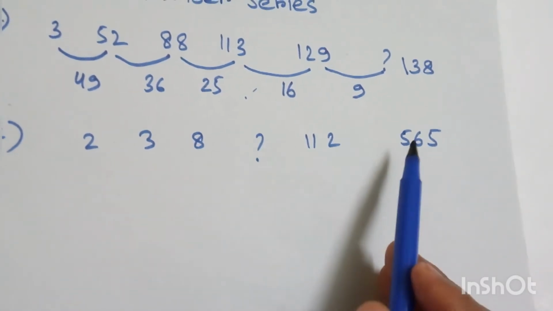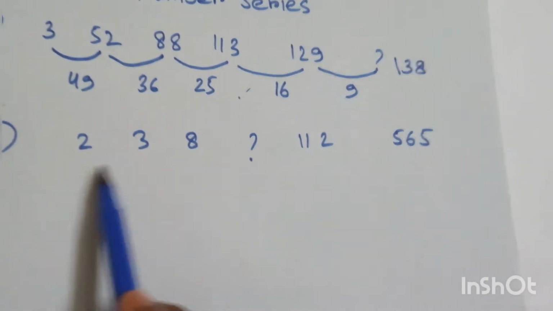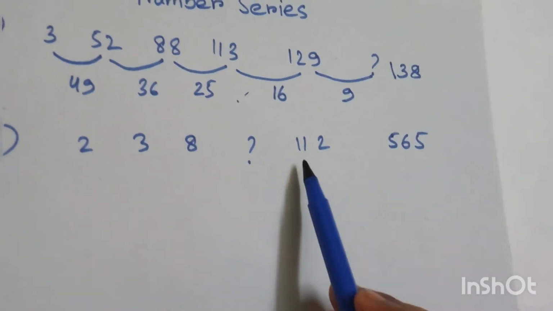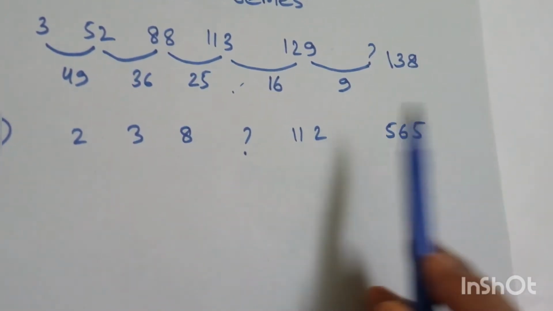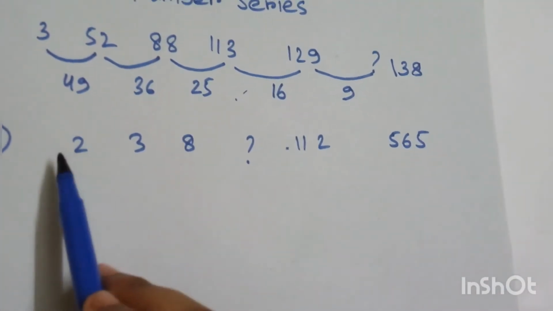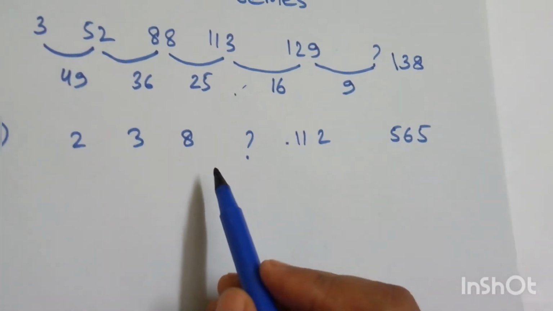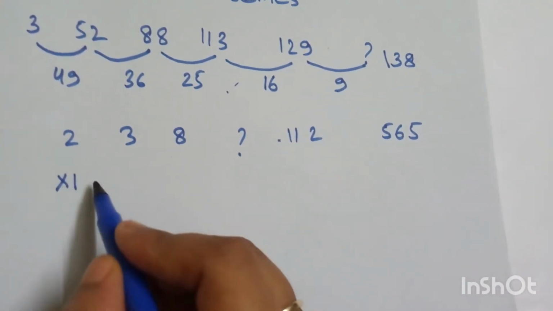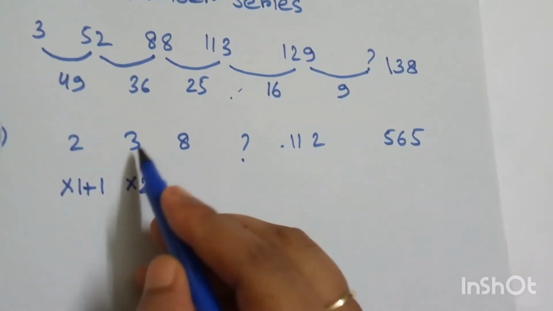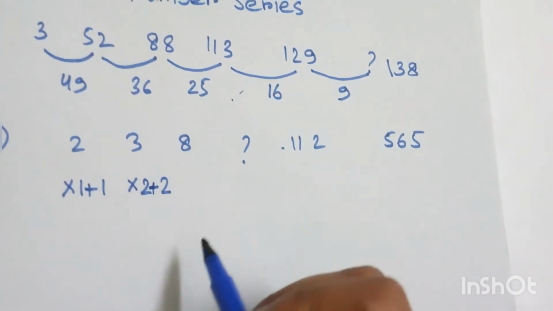So this is the second series. Here you can see that the difference here is 2 and 3. This is 1 and the difference between these is 5 and the difference between is greater. So we get this series by multiplying something. 2 into 1 is 2 plus 1, we will get 3. 3 into 2 is 6 plus 2, that is 8.